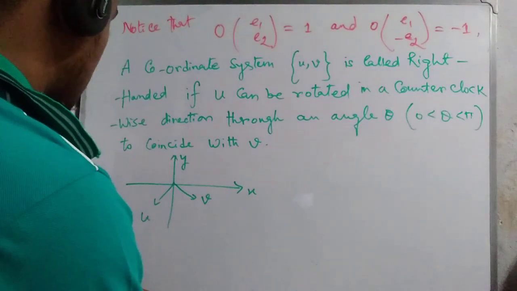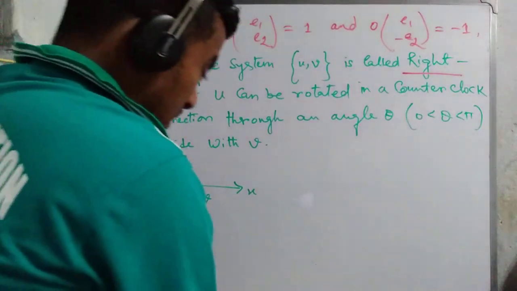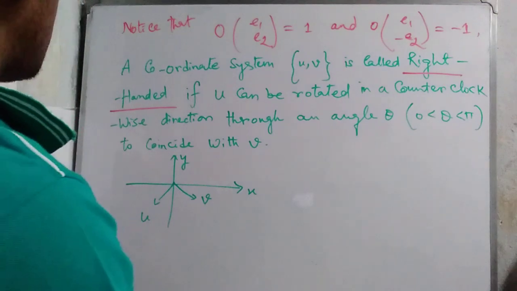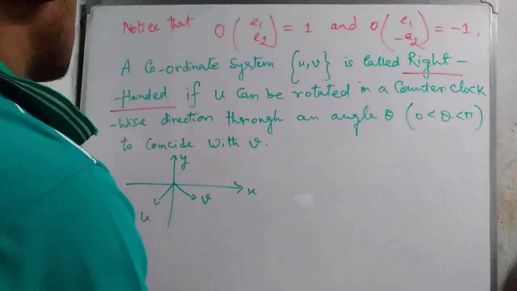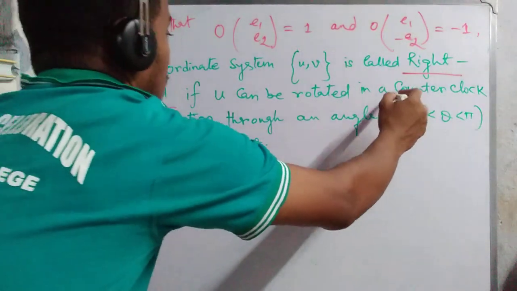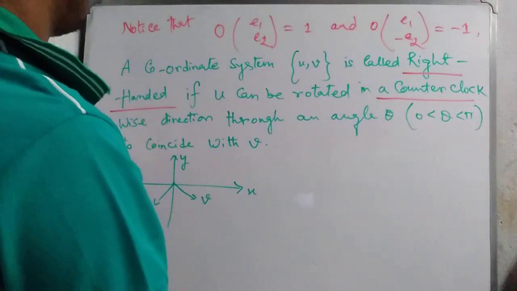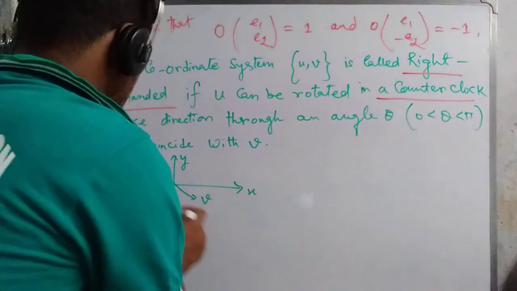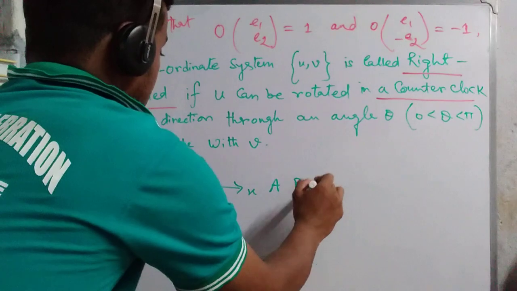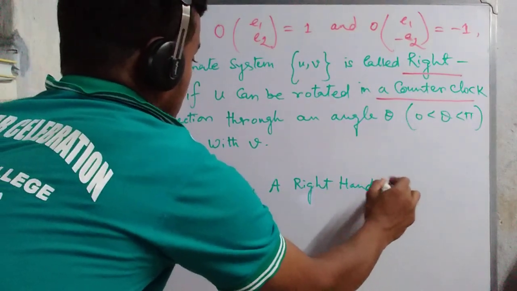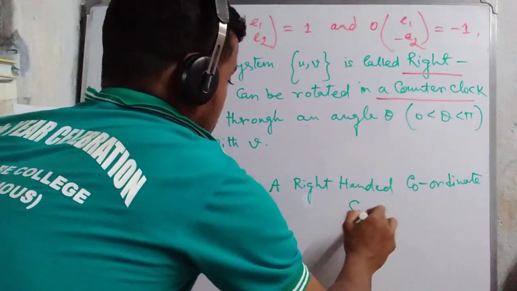Otherwise (u, v) is called a left-handed system, which means u can be rotated in a clockwise direction through an angle theta to coincide with v.